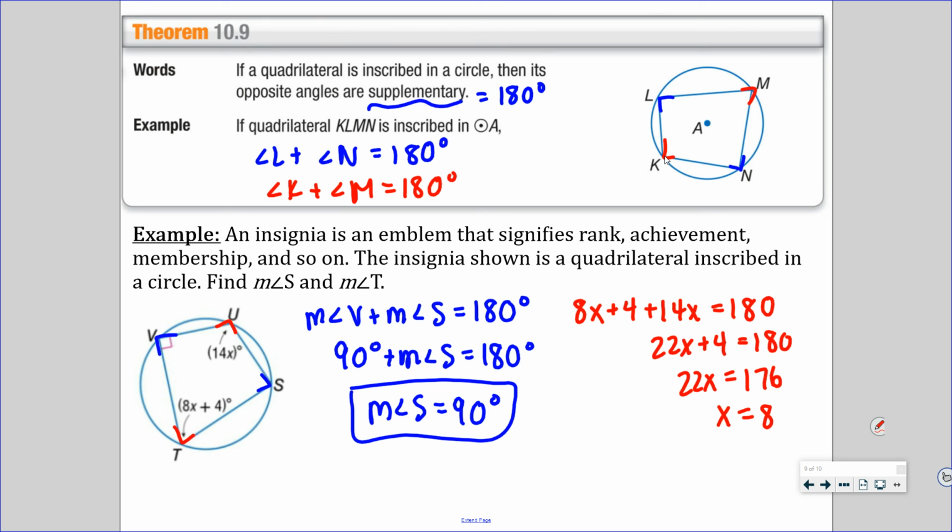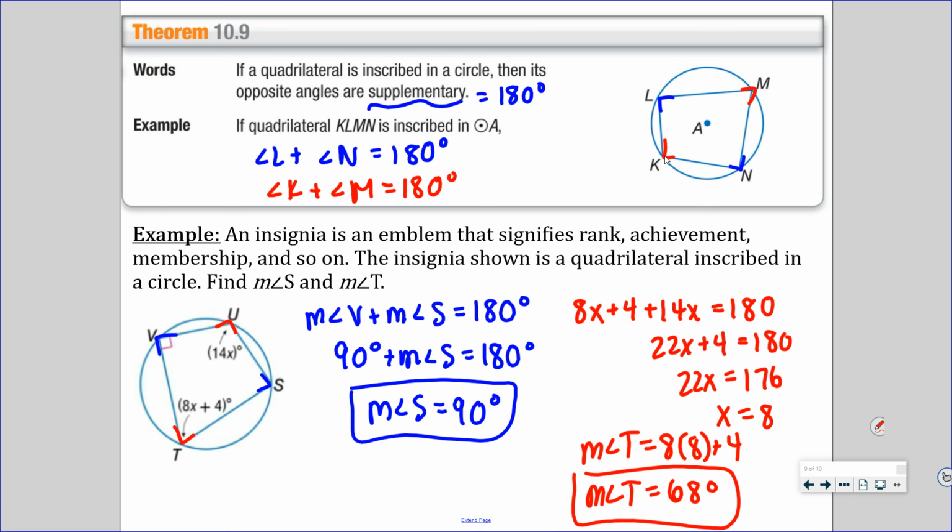X is 8, which means the measure of angle T is 8 times 8 plus 4, 68 degrees. If you want to find U, take 180 minus that, and then you can find U. And then you know all the angles in that quadrilateral. How fun. Any questions?